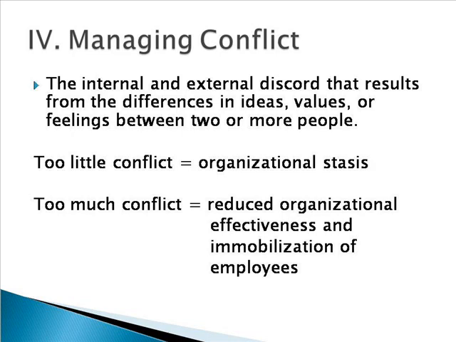The fourth component would be managing conflict. It is the internal and external discord that results from differences in ideas, values, or feelings between two or more people. Too little conflict results in organizational stasis, while too much conflict reduces organizational effectiveness and immobilizes employees.